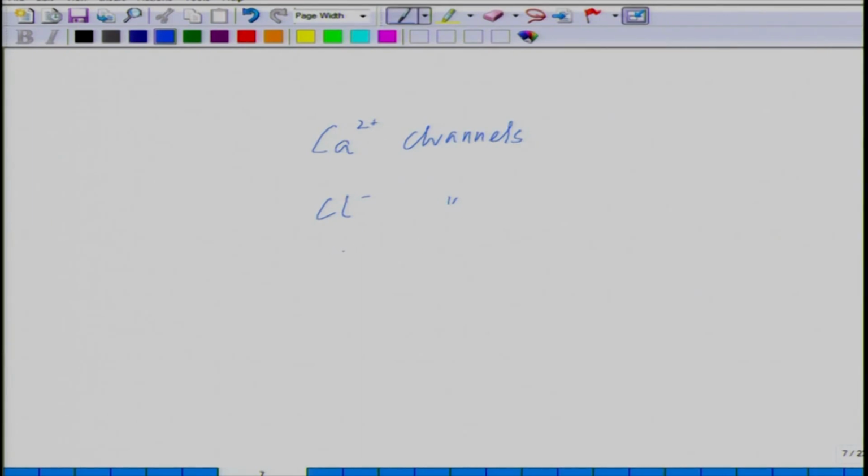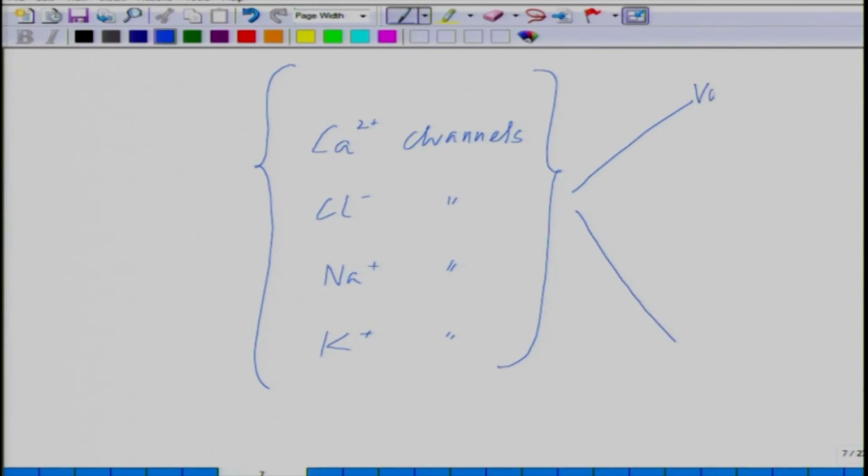So, basically at this level the biology is all about these different ion channels, and they could be voltage gated, or they could be ligand gated. Okay.